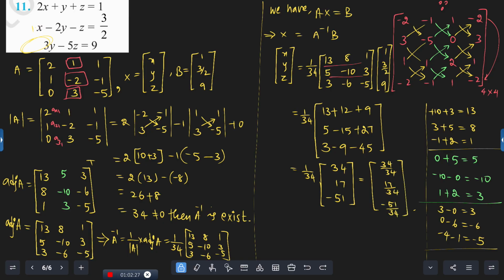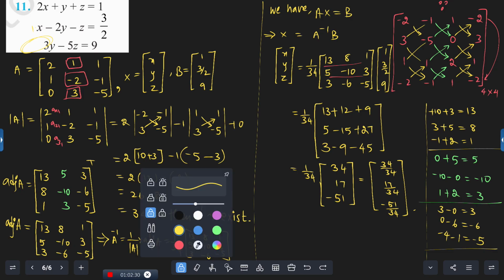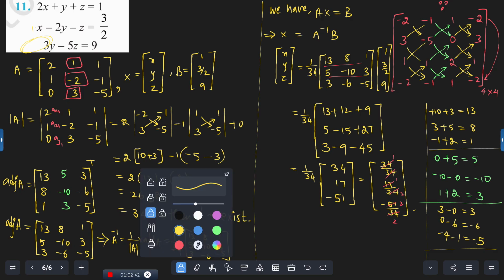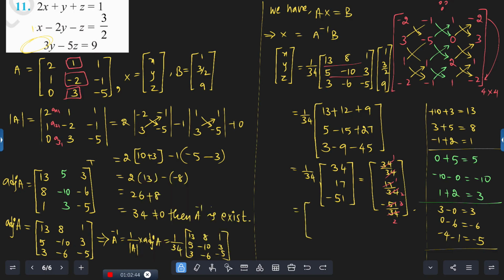So we have to cancel this. 1 time, 2 time, 17 table, 2 17s are, 3 17s are. Check the book back answer. My answer is 1, 1 by 2, minus 3 by 2. Therefore the x value is 1, y value is 1 by 2 and z value is minus 3 divided by 2.